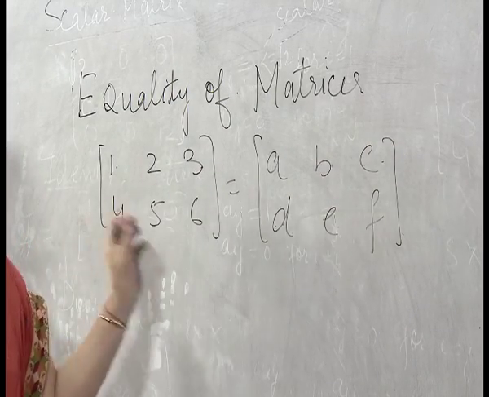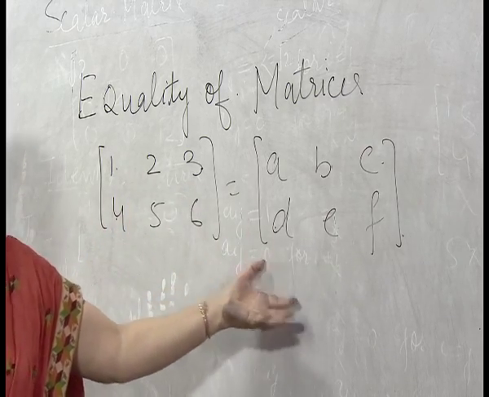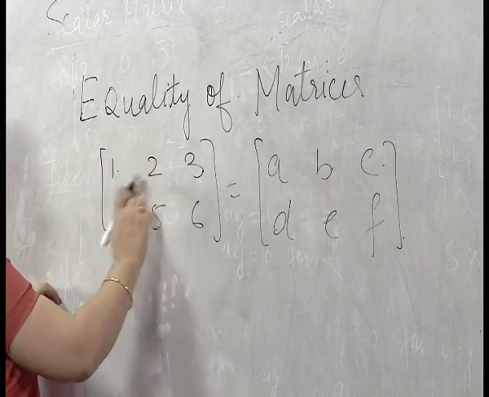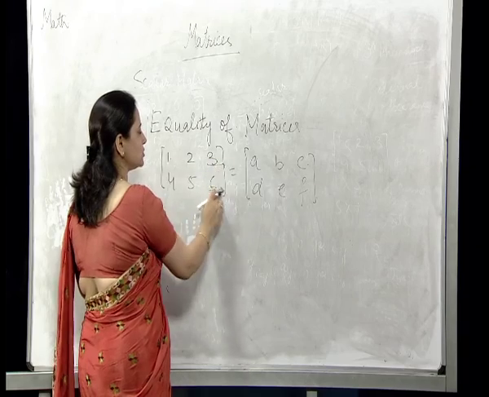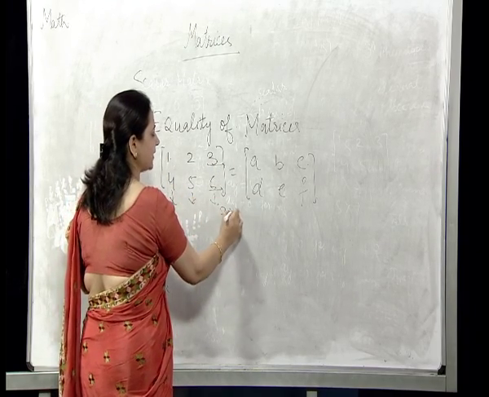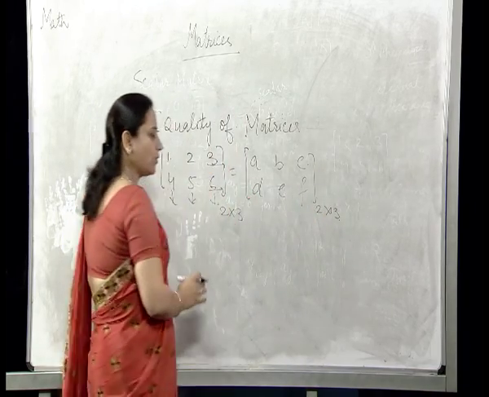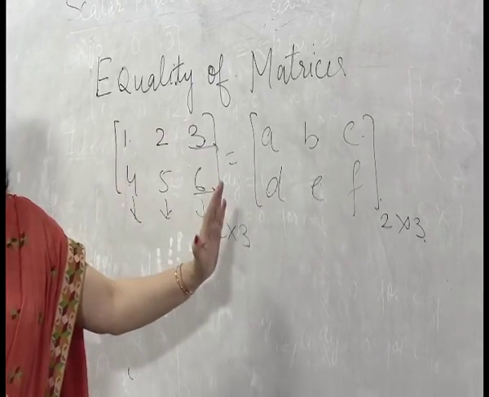You can see the elements are entirely different, but they have the same order. The order of this matrix: how many rows are there? 1, 2, so 2 rows and 3 columns. So it is 2 by 3, and this is also 2 by 3. So the two matrices are equal if they have the same order.